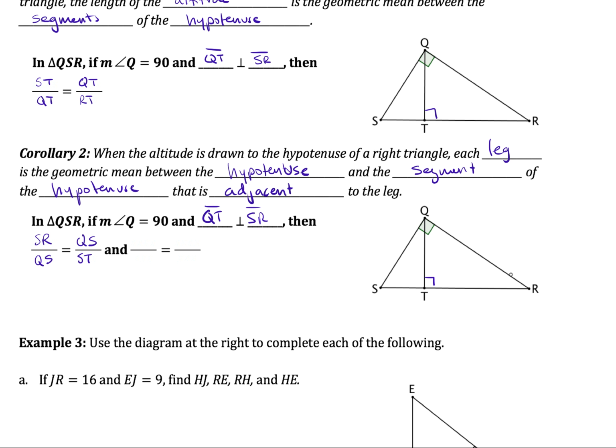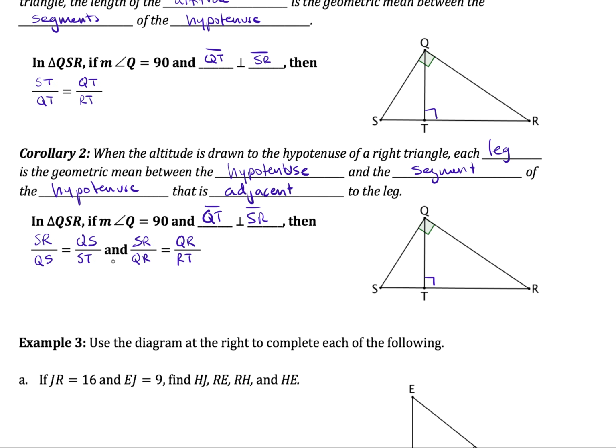There's also another leg, QR. It will also be the geometric mean between the hypotenuse and the part of the hypotenuse that's next to that leg. So QR can go in these two spots. It's the geometric mean. And the hypotenuse goes up here, and the part of the hypotenuse that's next to leg QR, RT, goes right there.